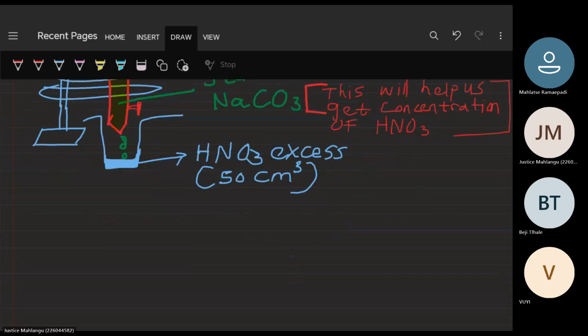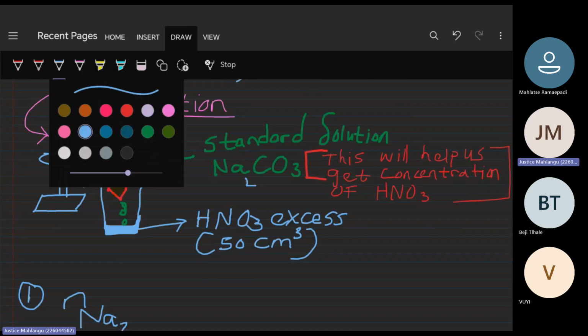Firstly, this is going to be my working here. Let's work. So I'm going to say now, first step. I'm going to get the number of moles of the standard solution, guys. Number of moles of the sodium carbonate. Oh, it's Na2 here, please. Don't forget, it's Na2 and then a carbonate. Don't make that mistake.